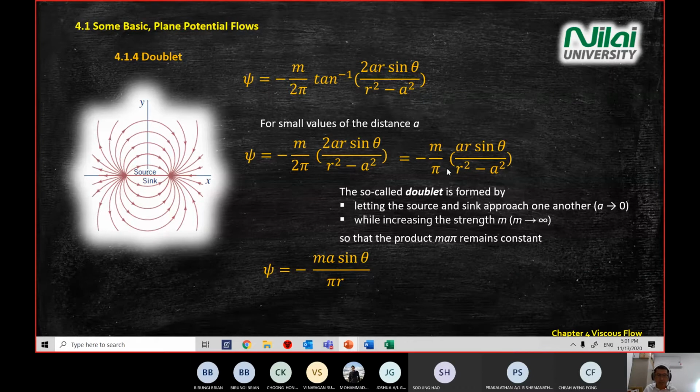So after all these assumptions, the equation reduces to stream function equals negative ma sine theta divided by pi r. After these two statements, we get the stream function for doublets.